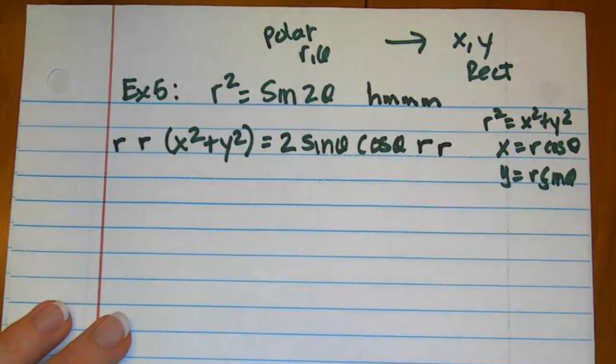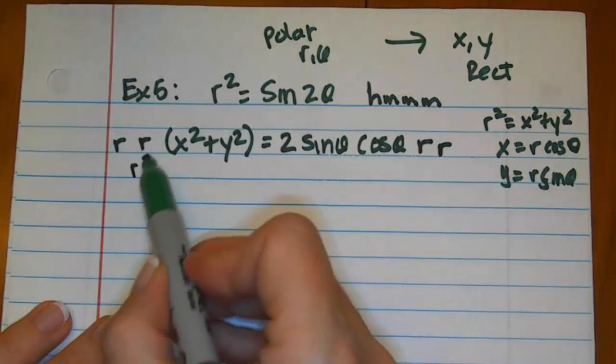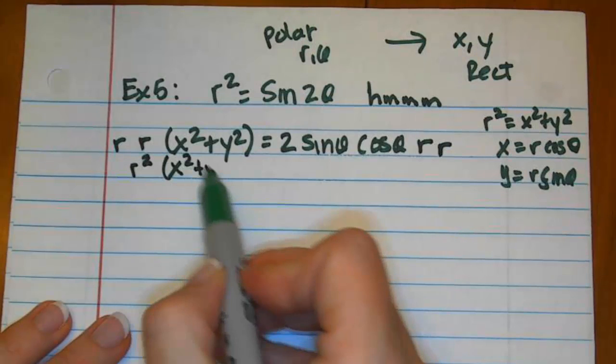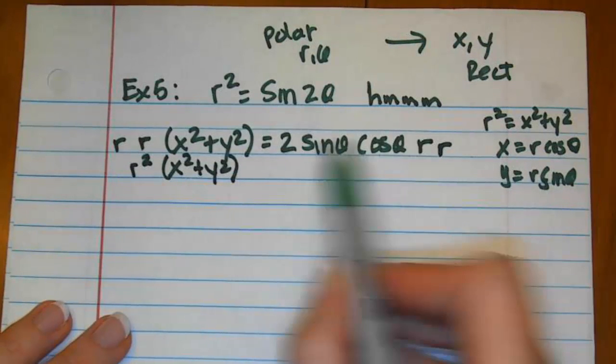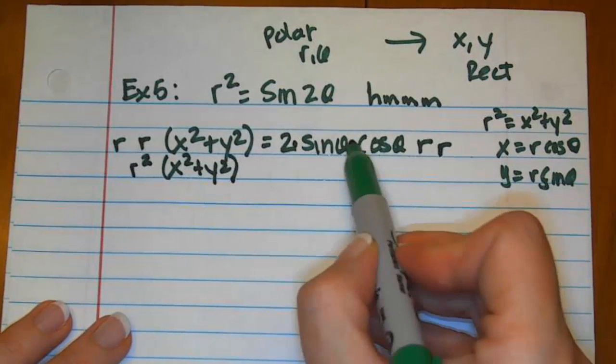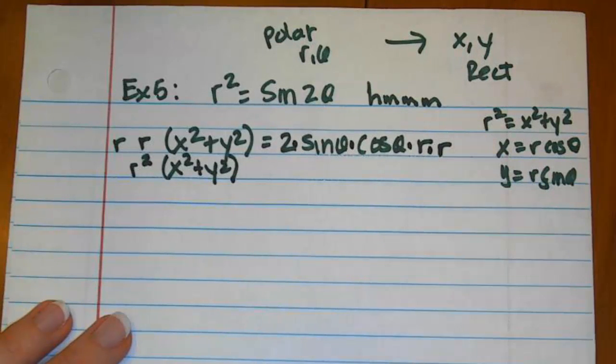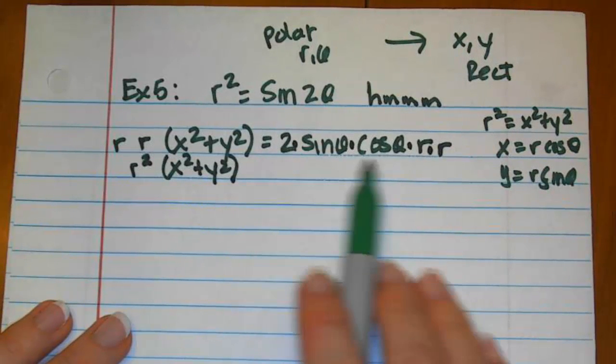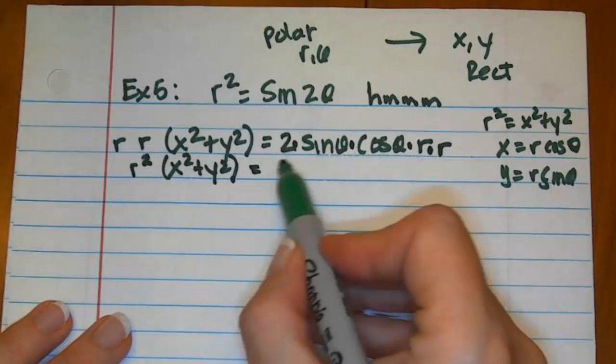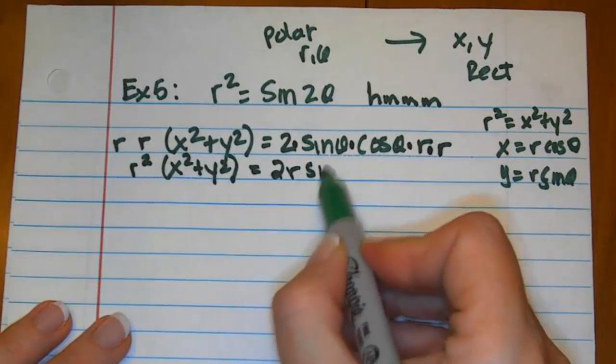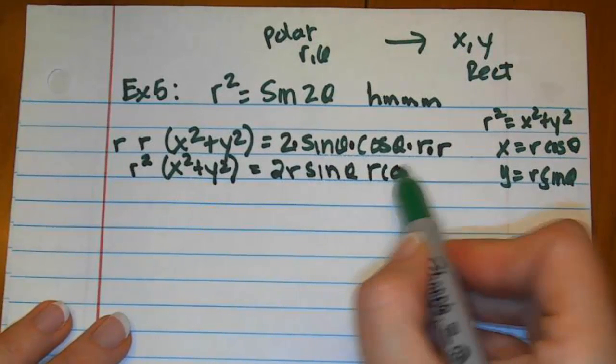Again, I'm using a little bit of ingenuity, because this would yield r squared, x squared plus y squared. And then isn't this 2 sine theta cosine theta times r squared? Well, remember multiplication is commutative, so I could rewrite this as 2 r sine theta, r cosine theta.